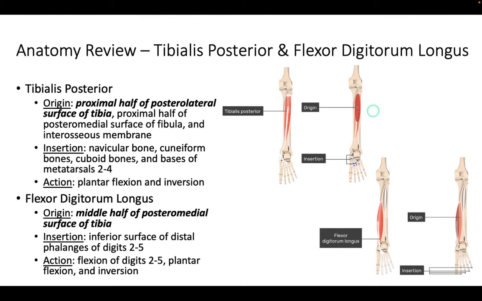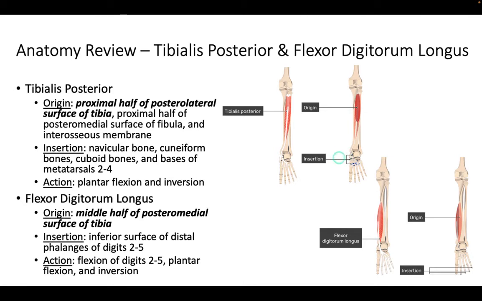But if it is caused by the origin of the muscle, it's not even posterior medial, and it's not even on that distal two thirds portion. It's actually posterior lateral. So that's important to note, and we'll talk about that later.